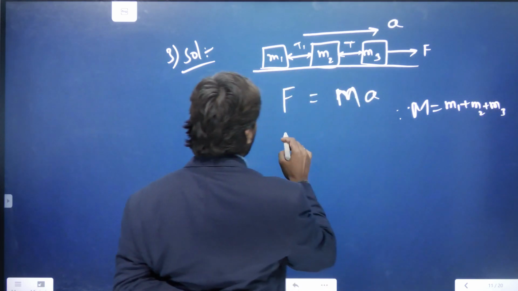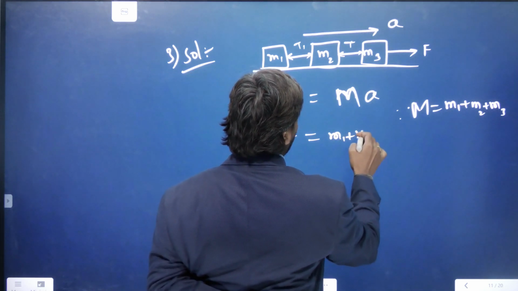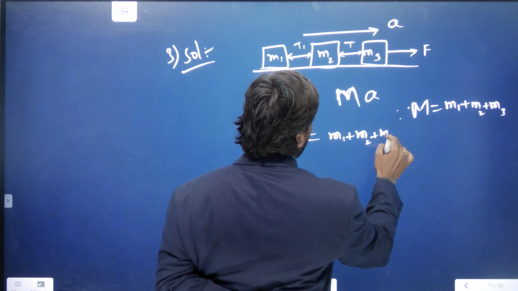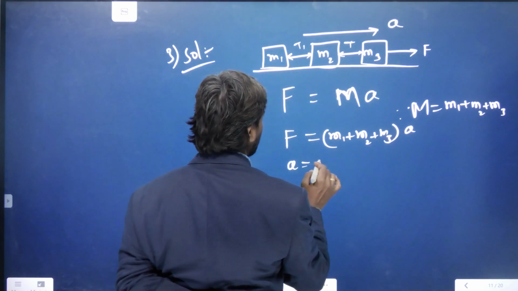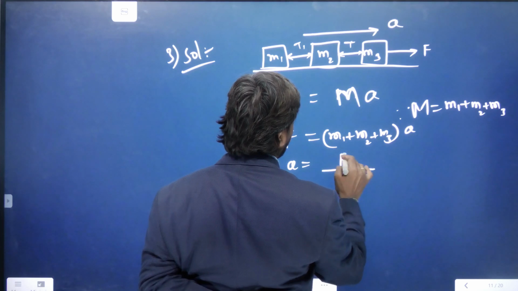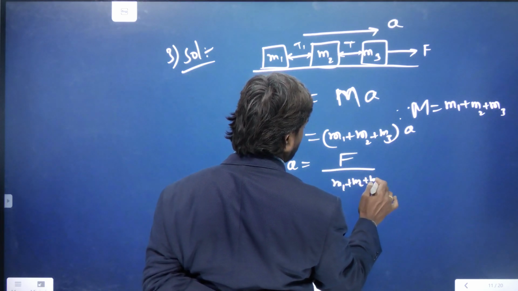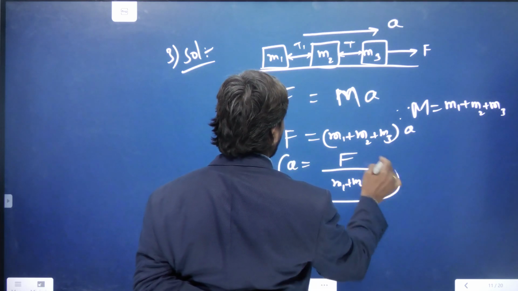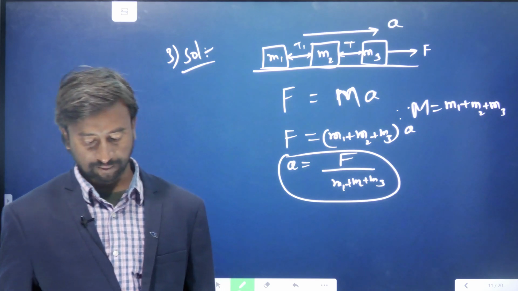So F equals M1 plus M2 plus M3 times A. So A is equal to F divided by M1 plus M2 plus M3. So this is the acceleration. Simple only, no? Right.